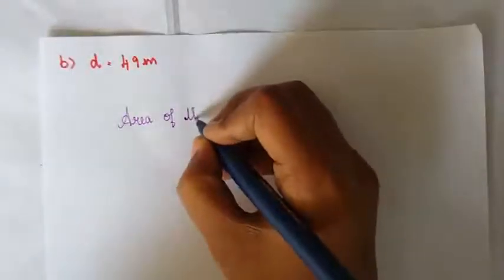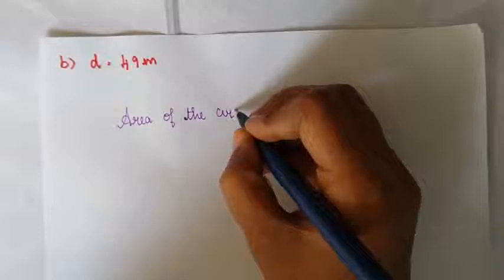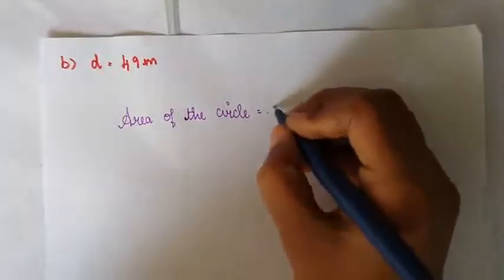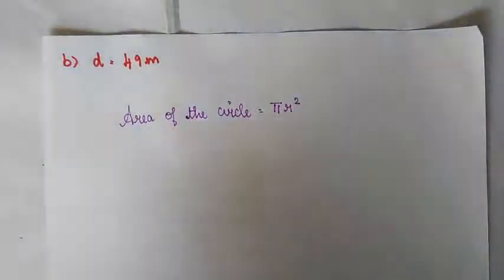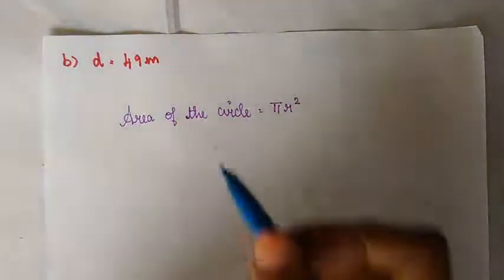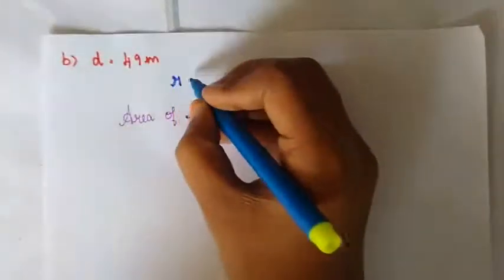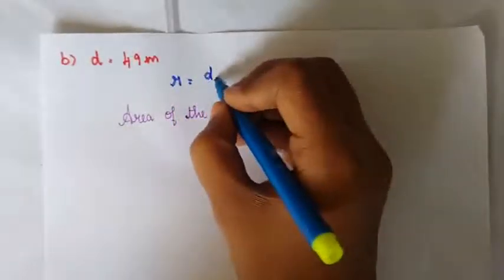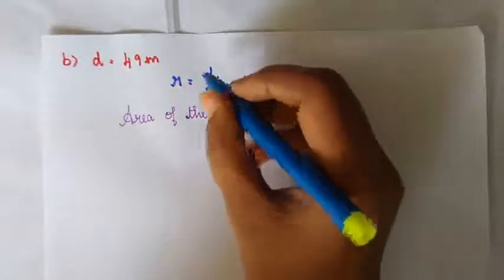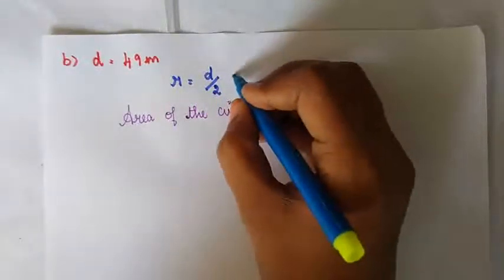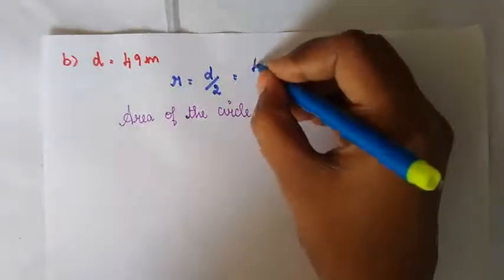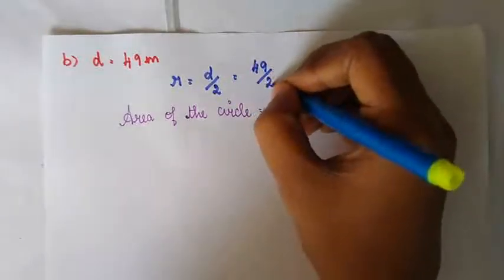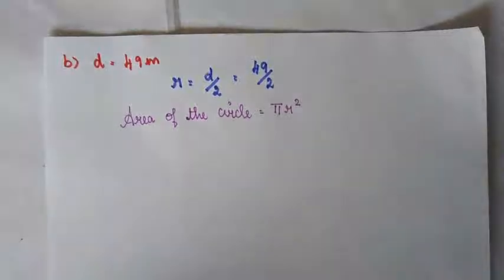Area of the circle is pi r square. Before that we have to find the radius by using the diameter. Radius equal to half of the diameter, that is diameter by 2. What is the value of diameter? 49. So 49 divided by 2. This is our radius. We have to substitute this value.